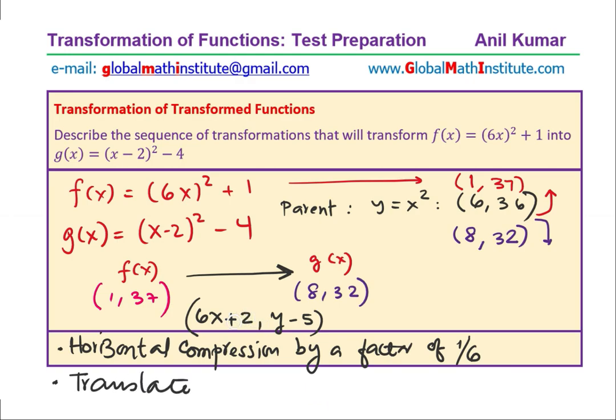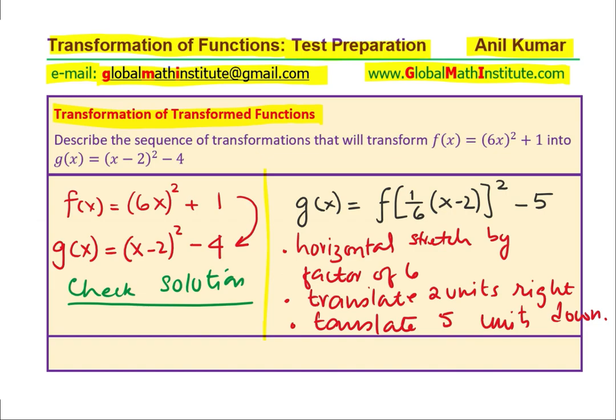When you add 2, that means translate right 2, I'm writing in short, and 5 down. Does it make sense? So, effectively, we have written the transformation, which matches with what we earlier thought of.